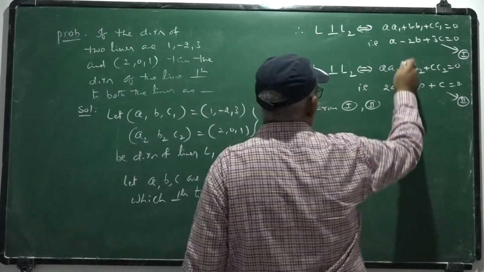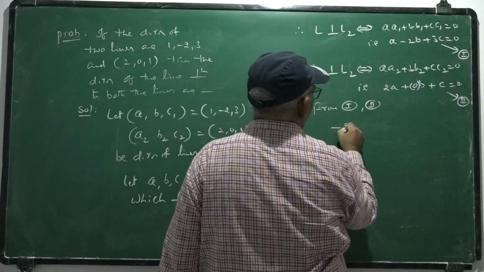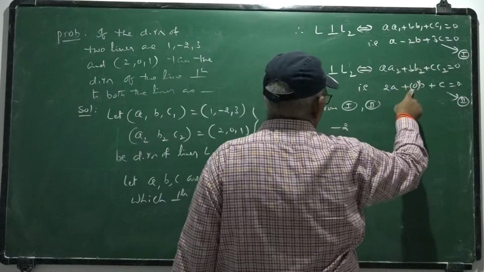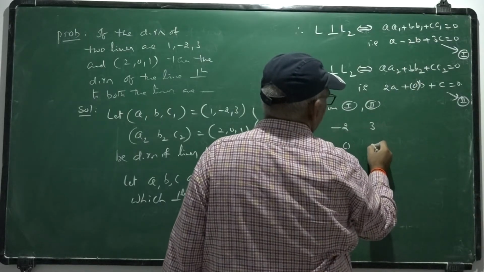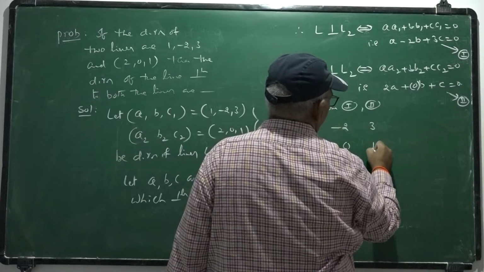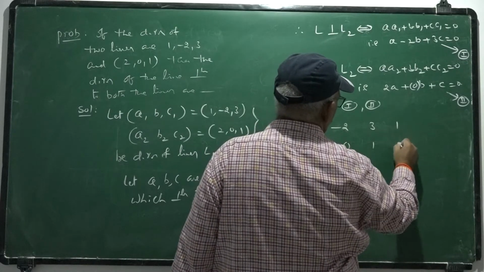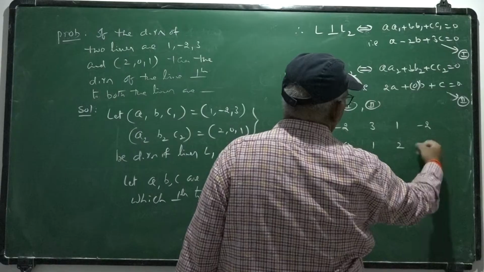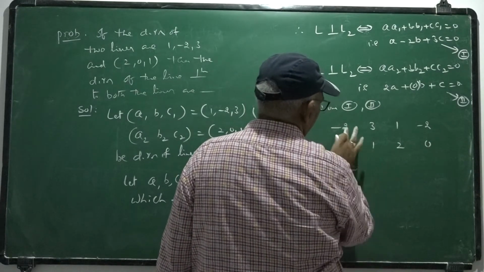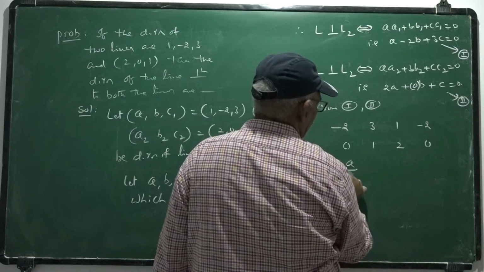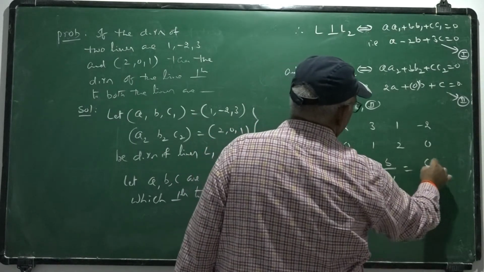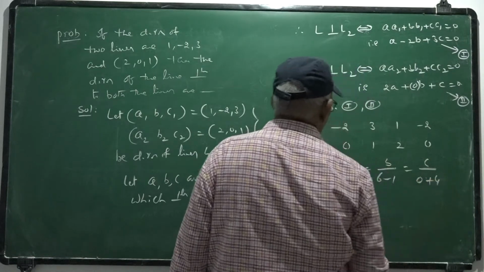That means I will take B coefficients -2, 0, next C coefficients 3, 1, and A coefficients 1, 2, again B coefficients. That gives us by cross multiplication: B by -2 into 1 minus 0, C by 0 plus 4.